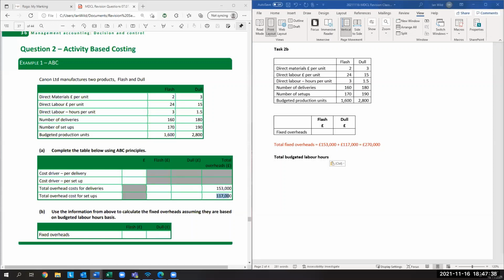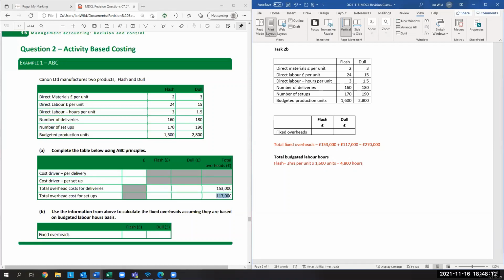So first of all, we'll deal with Flash. We can see that Flash has 3 direct labour hours per unit, and we're making 1,600. So 3 hours times 1,600 units gives us 4,800 for Flash.